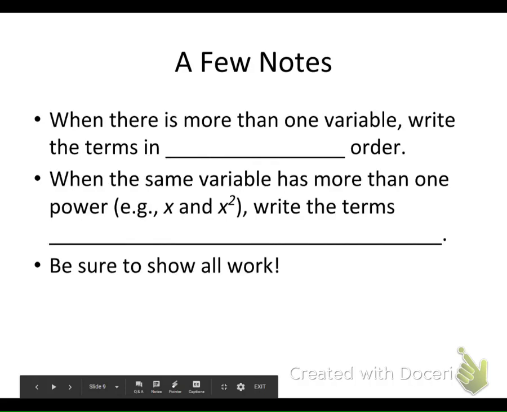Okay, so a few notes, a few things to remember. When there is more than one variable, write the terms in alphabetical order. When the same variable has more than one power, for example x, x to the second, x to the third, write the terms in which order?